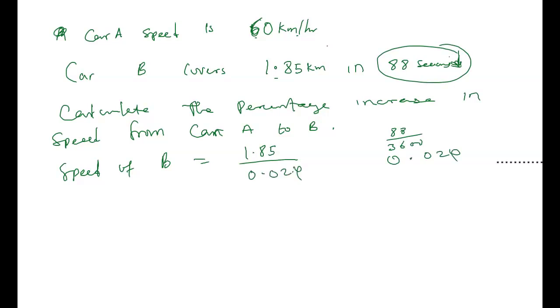Now do 1.85 divided by this. That gives me 75.68. Now we calculate the percentage increase. It's going to be the difference between them: 75.68 minus 60 equals 15.68, divided by the original one, which is 60, times 100.